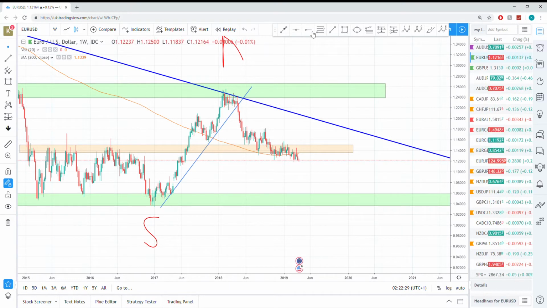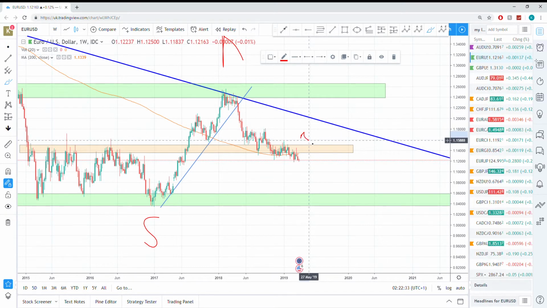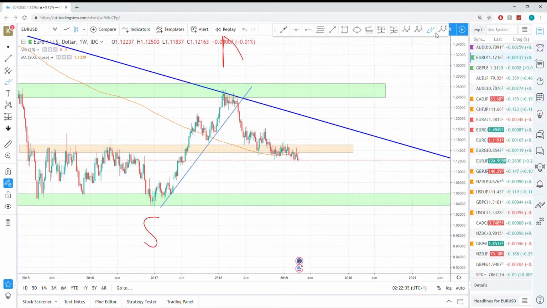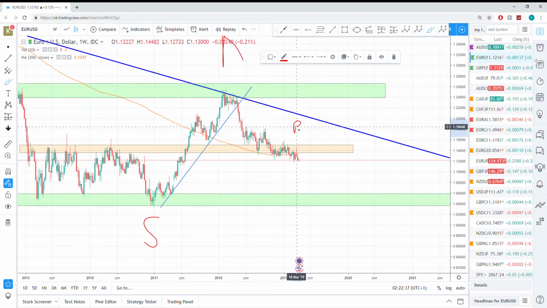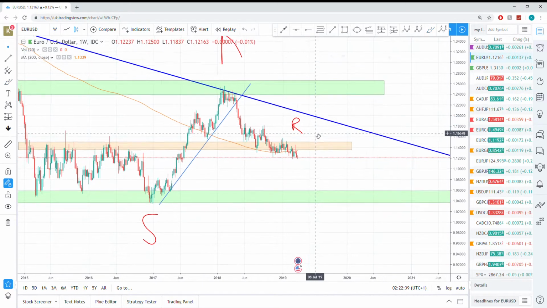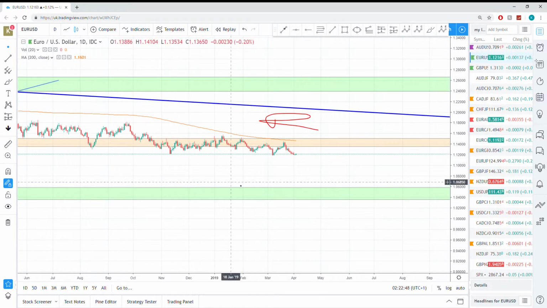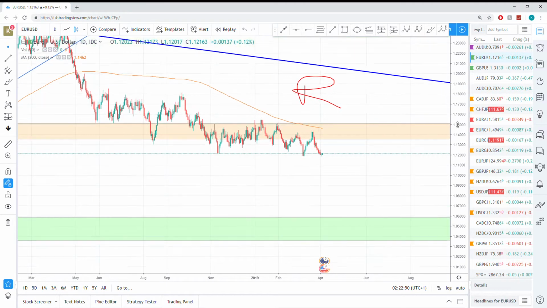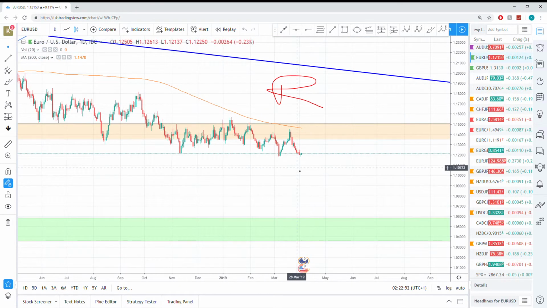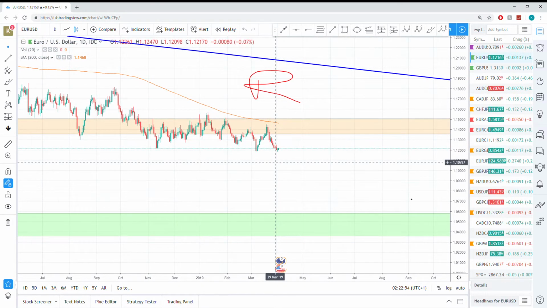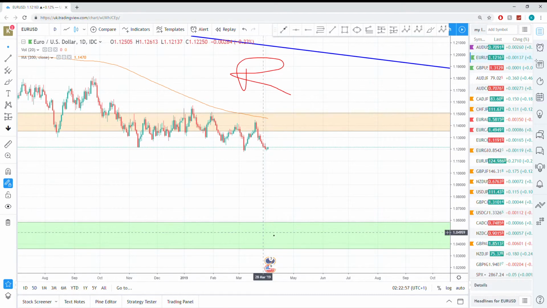So this orange zone is now resistance. Okay, and now we'll step it down again. Take it one more. And so we can start to see that we're aiming towards this area again now.